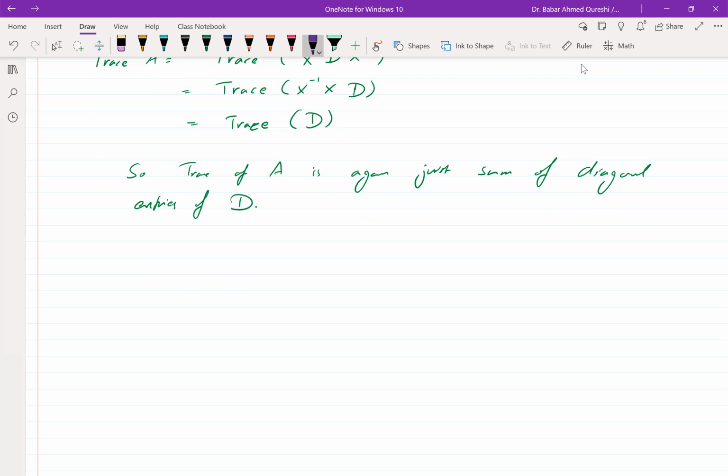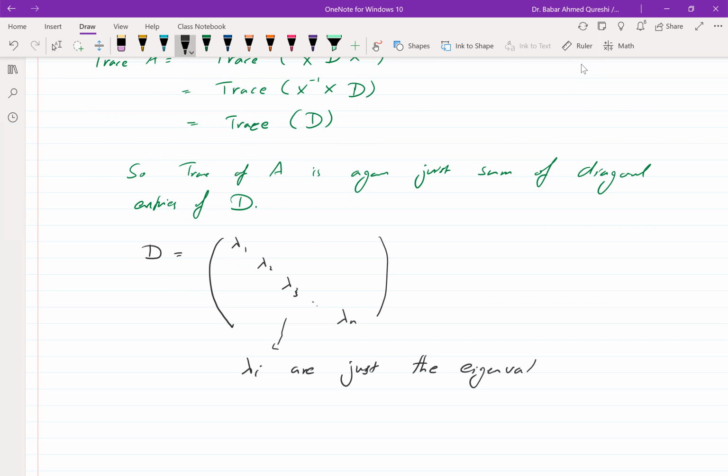Well, it turns out, as I'm going to prove, that the diagonal entries lambda i are just the eigenvalues of A.